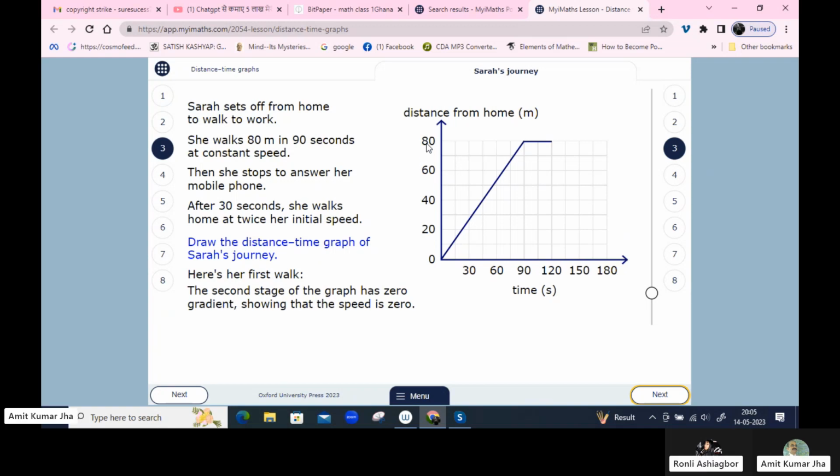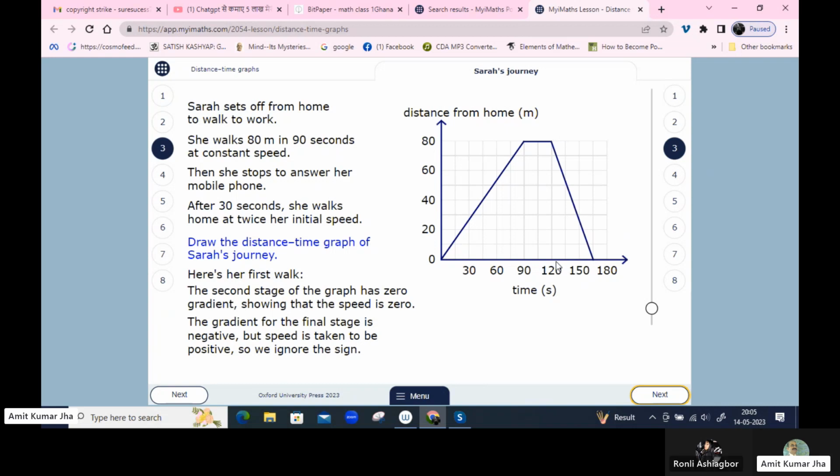Initially she took 90 seconds, so now she will take only 45 seconds. From 120 to 165 gives you 45 seconds.